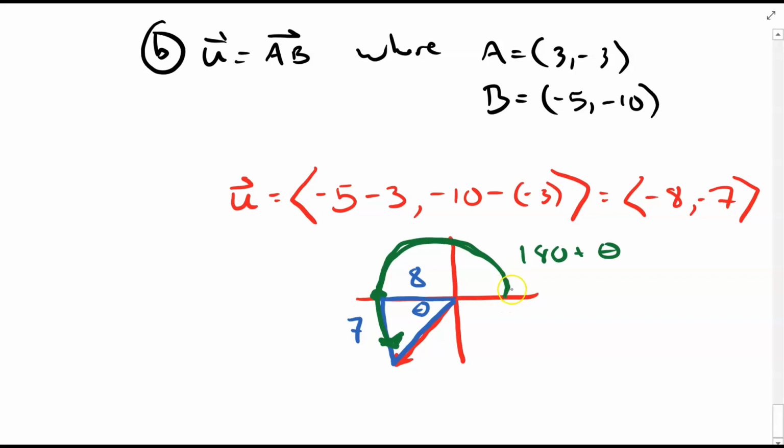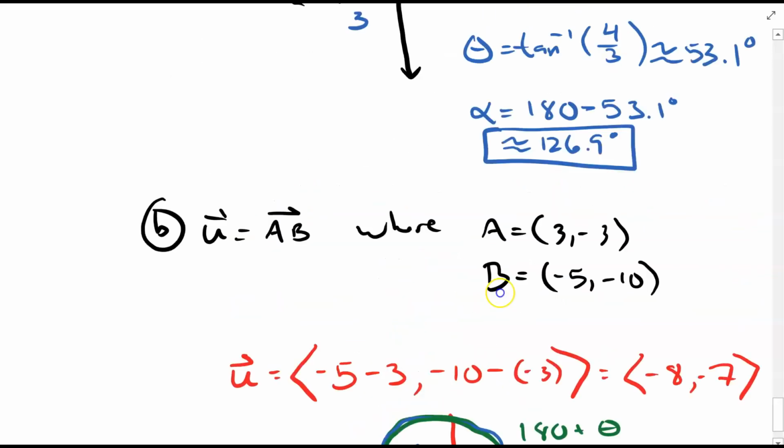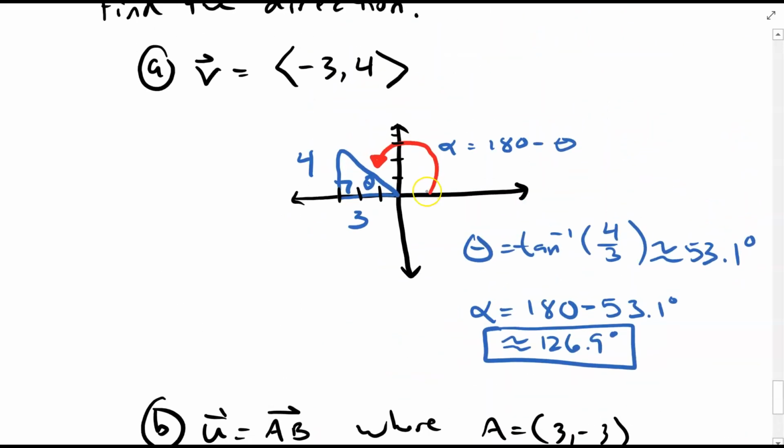That's what happened here, right? On my way to the terminal side, I pass the x-axis right before I get to it. In the previous problem, we passed the y-axis right before we reached the terminal side, and in those cases you should be subtracting. Does that make sense to you guys? That helps a little bit in terms of knowing when to add or subtract. Well, we'll mention that again.